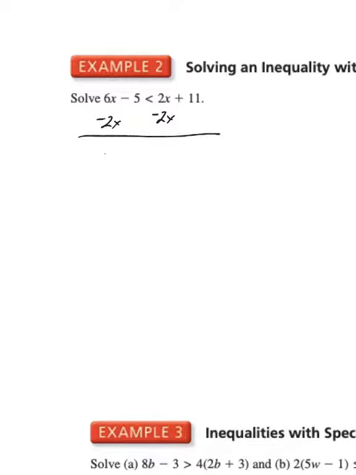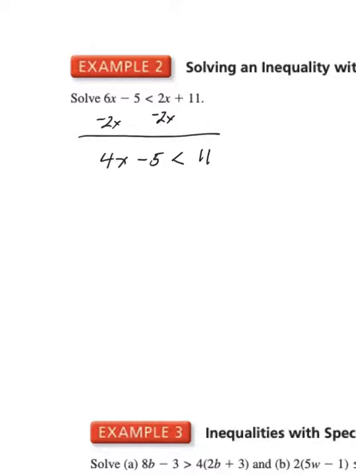If I subtract the 2x from both sides, I end up with 4x minus 5 is less than 11. So already it looks a lot simpler. Sometimes problems look very complicated at first, but just do one step and you're going to find that suddenly it looks a little bit better.